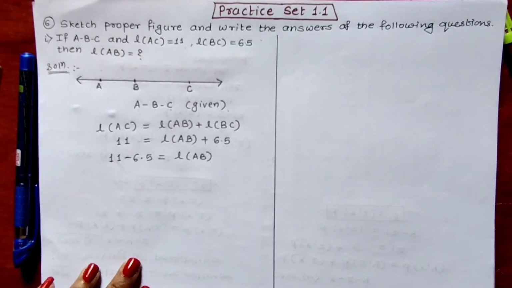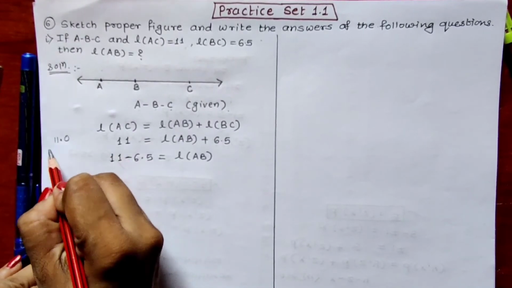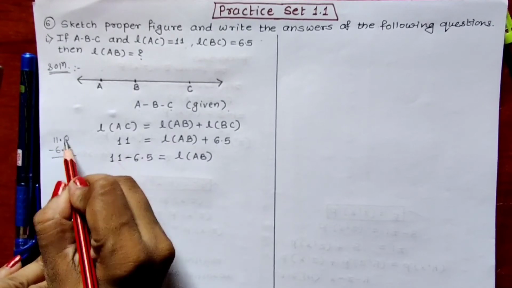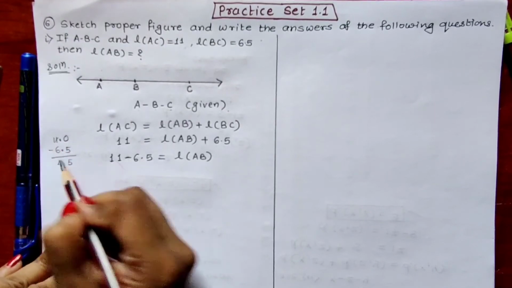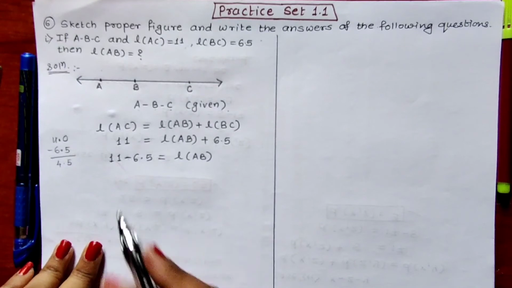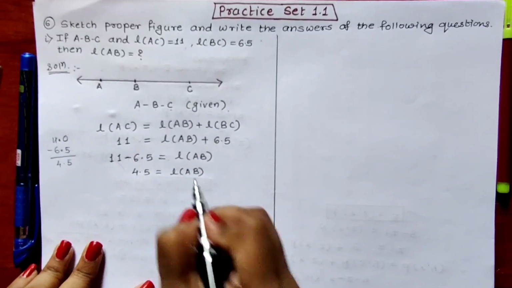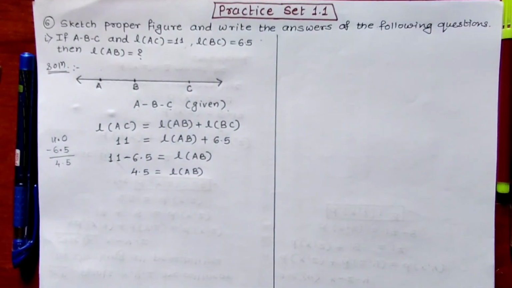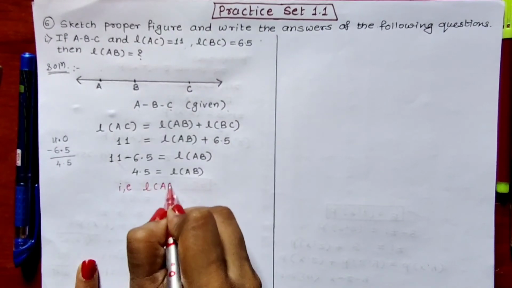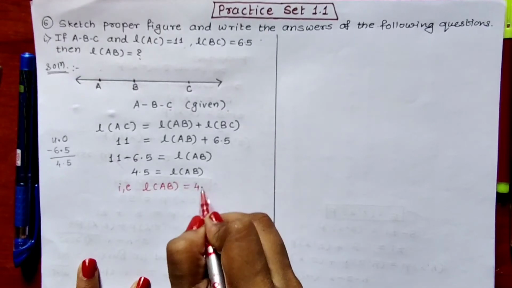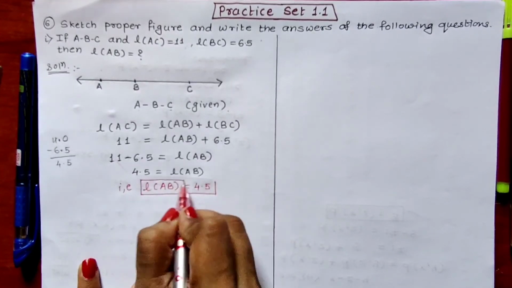If you want, you can do it in rough. 11 minus 6.5, that means 11.0 minus 6.5. So 10 minus 5 is 5, 1 carrying, so it will become 10. 10 minus 6 is 4. So we are getting 4.5, is equal to length AB. So in this way we have got the length of segment AB, that is length AB equal to 4.5. No unit is given, so we need not write any unit here.